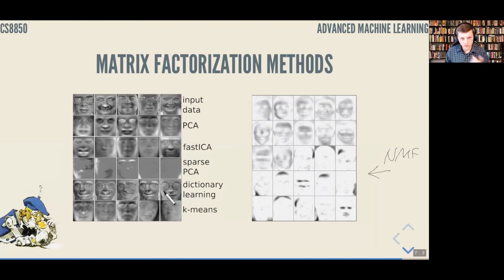Another disadvantage of PCA, in methods like that, is that your main components are low frequency, and then you need to go far into the tail to model those sharp edges like on the glasses. In dictionary learning, you can take only a few already sharp components because they're not constrained by capturing as much variance as possible.